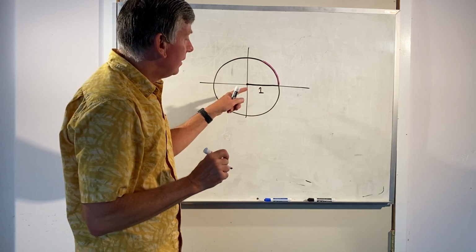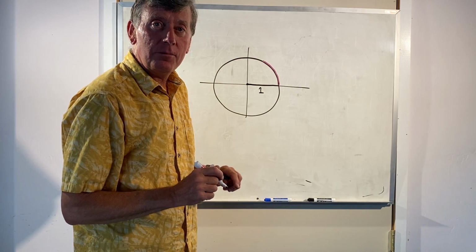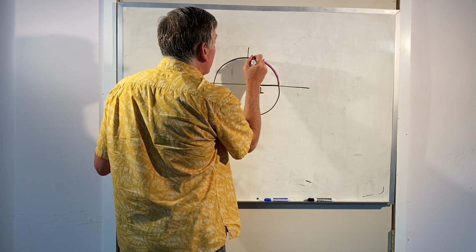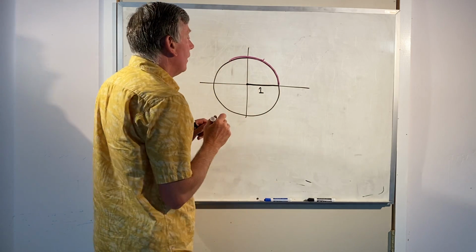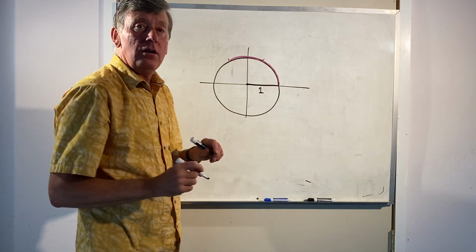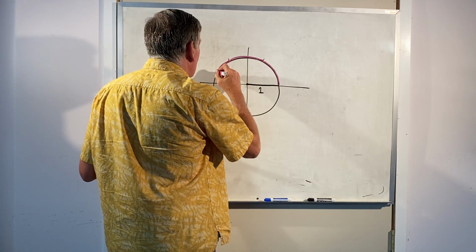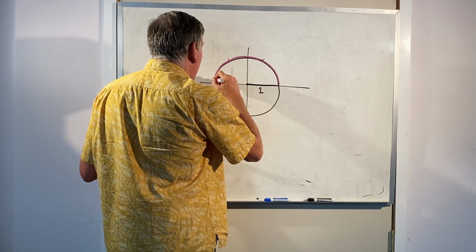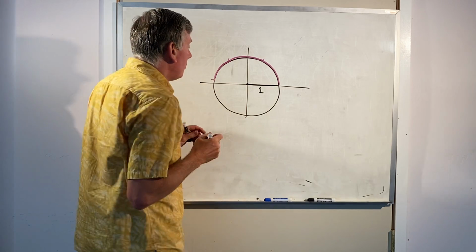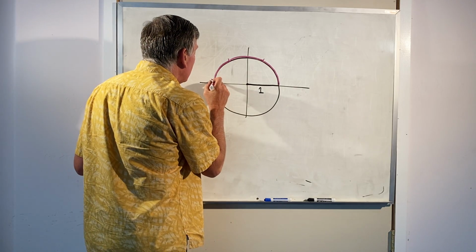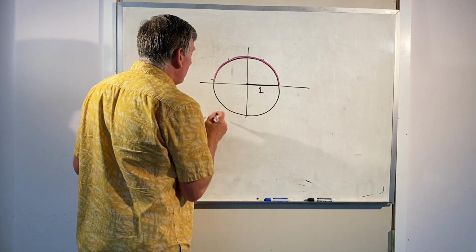That would be 1 radius worth. Our second stretch of the string would get us to about there. Our third stretch of the string would get us to almost halfway around the circle, but we would stop right about there. In fact, what we need is just a little bit more.